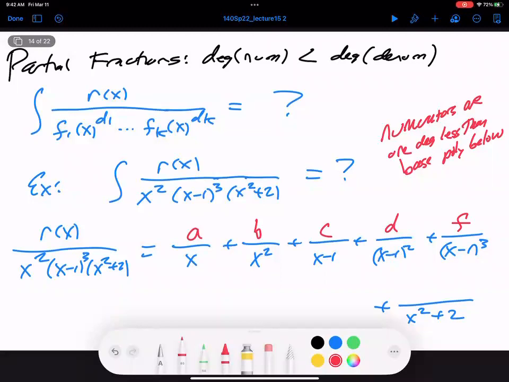The x squared plus 2. What's the degree of the base polynomial? 2. So the numerator is degree 1, so it's gx plus h. So I then just have to figure out what are the choices of A, B, C, D, F, G, and H such that this works out.